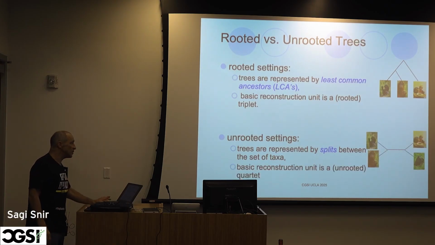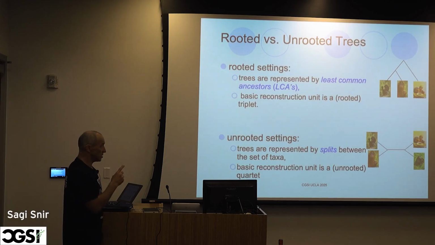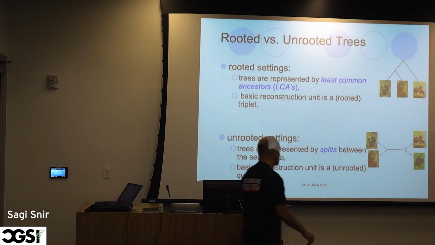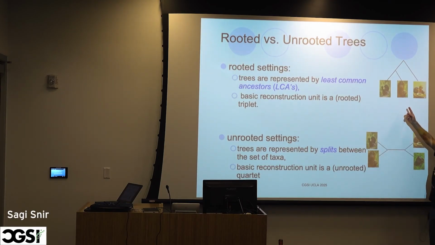And here the most basic signal is a quartet. In the rooted case, it means the least common ancestor of these two is later than the entire triplet. Here we say there is a path separating these, with no time, no before, no after, no ancestry.